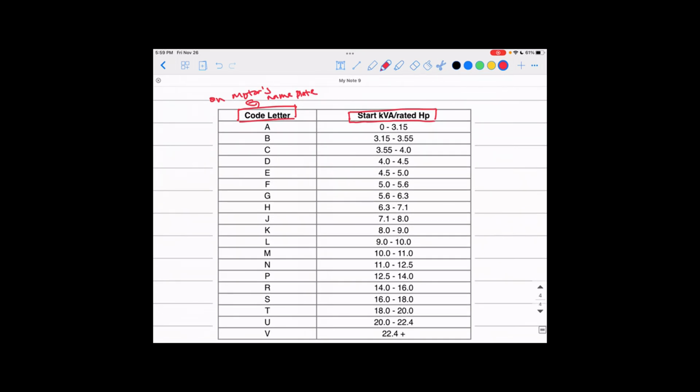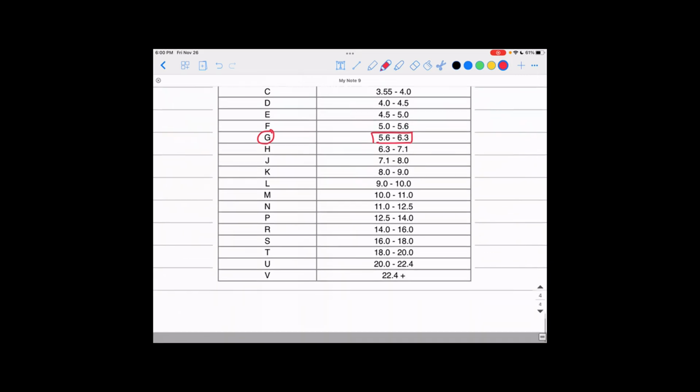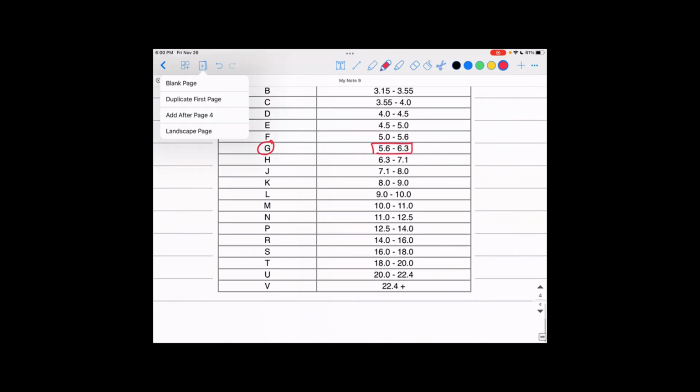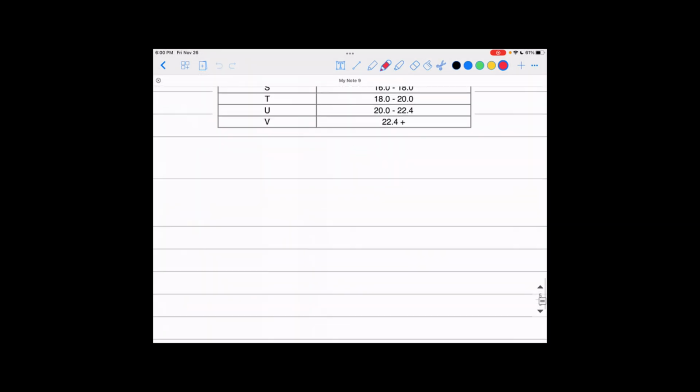For example, if you look at code G, it will be something between 5.6 to 6.3. That comes from experience by the manufacturers. So code G means that you have 5.6 to 6.3 kilovolt ampere for each horsepower of the rating of the motor. Okay, let us take an example to calculate the starting current of the motor.